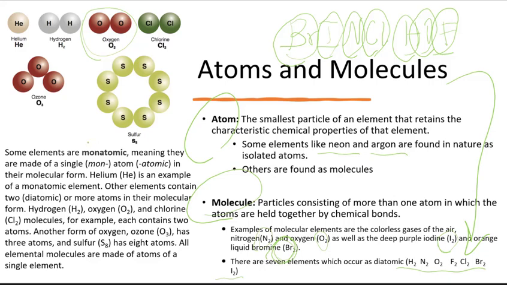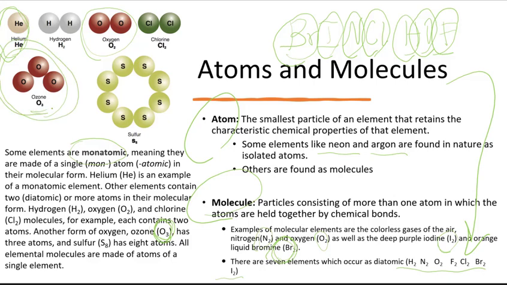Again, some elements are monatomic, like we can see helium up here in the top left, meaning that they're just a single atom in their molecular form. Other elements contain 2, the diatomic, or more atoms. So a form of oxygen called ozone is O3. There's 3 oxygens altogether.